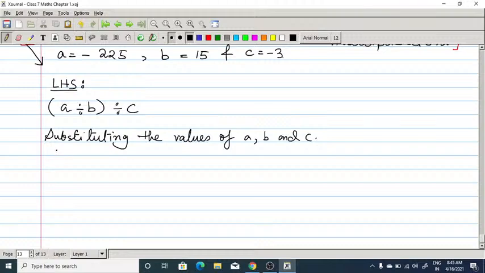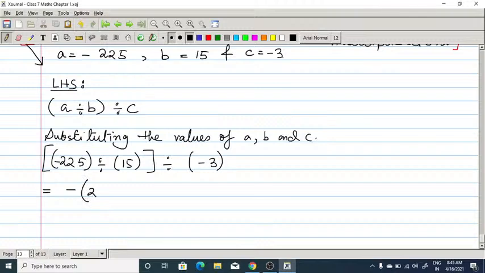A is equal to minus 225 divided by B, 15, divided by C, minus 3. So 15 15s are 225, right? One is negative and one is positive, so this will be negative 225 divided by 15, again divided by minus 3.